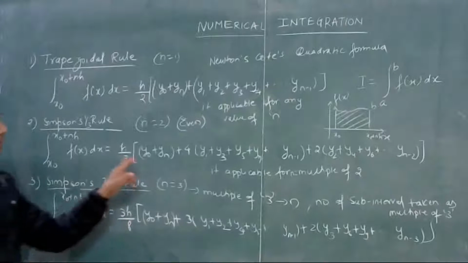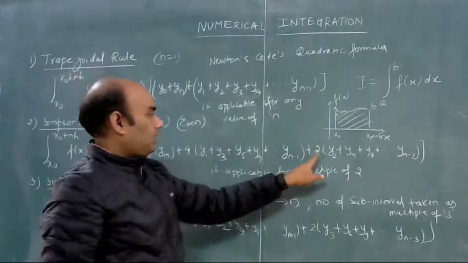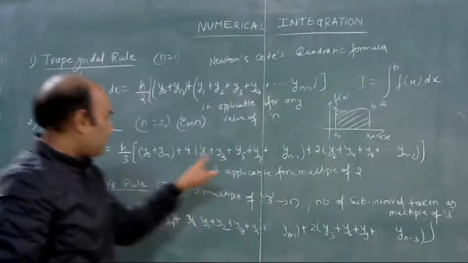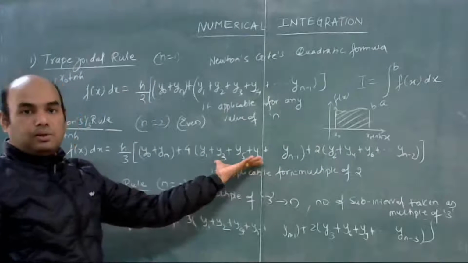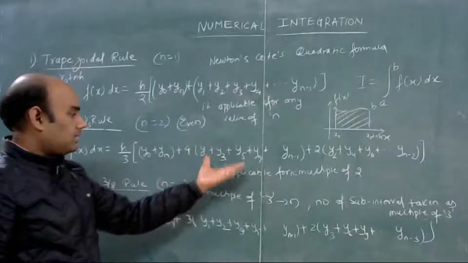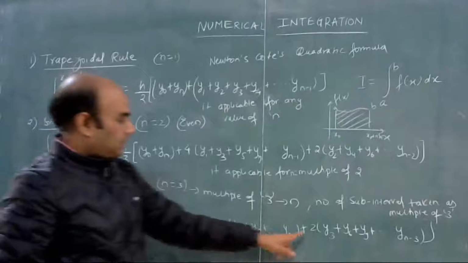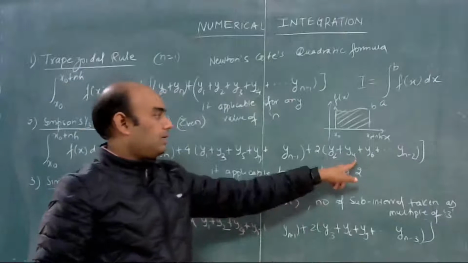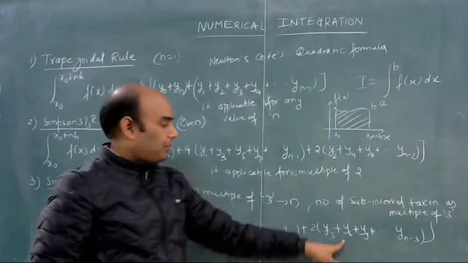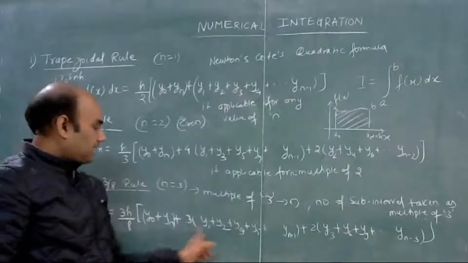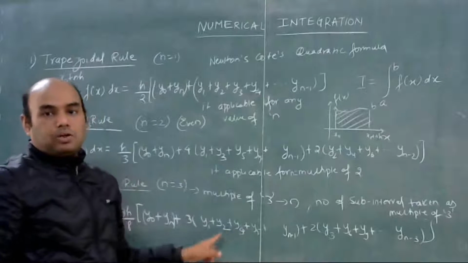Here we write 2 times the even values plus 4 times the remaining values. You can remember it like this. And when we are using 3/8, here 2 times the multiples of 3 will be there, and then thrice the remaining terms.